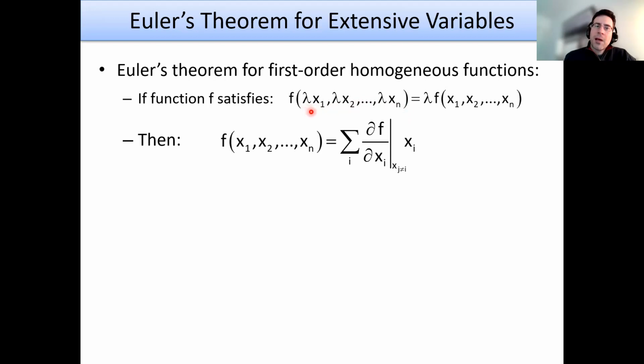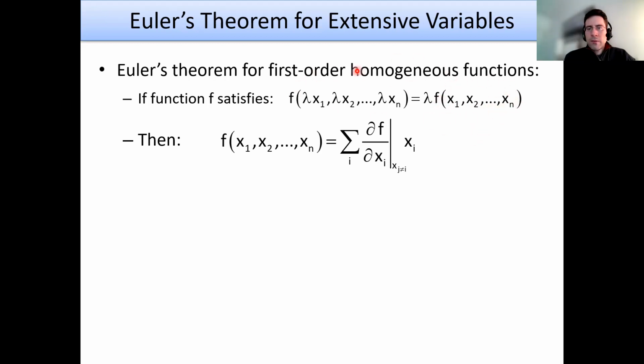If I multiply the value of x1 by a constant lambda, and the value of x2 by the same constant, and all of the variables by this constant lambda, then the function satisfies that this expression is exactly equal to lambda times the function evaluated at x1, x2, x3 up to xn.